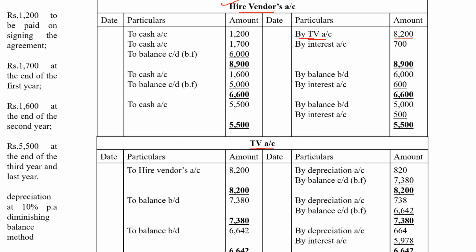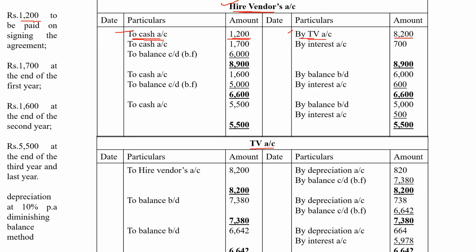Hire vendor account debtor to cash account, that is the journal. If you post it in the ledger account, to cash account will be debited. And in the amount column, you have to write the down payment amount. See, the down payment amount that is in the question is 1,200. So I am writing 1,200 in the amount column. So we have recorded purchase of asset and we have recorded down payment.